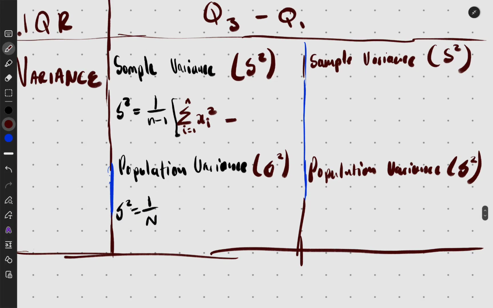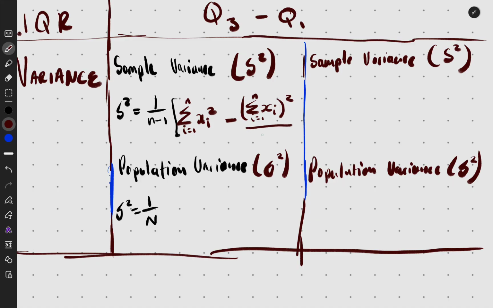Then we always subtract. We first square, then we sum. Then we always subtract the sum, then the square. So here is the sum from 1 to n, then you square outside. You square first, then sum. We subtract the sum, which is first summed, then squared.